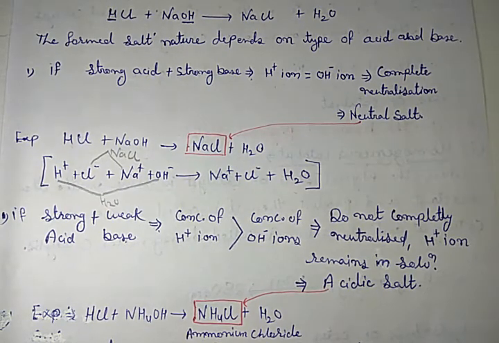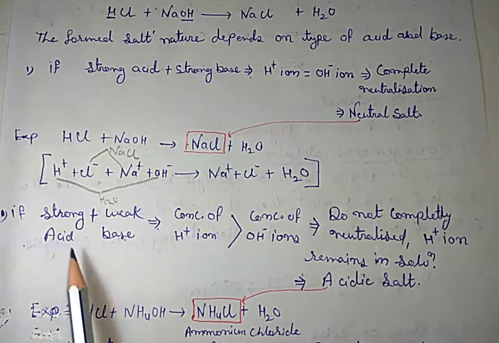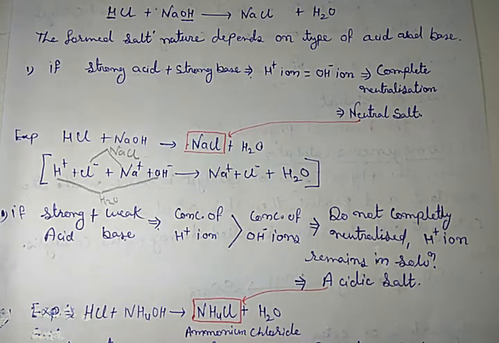Now the second case we are discussing is a strong acid and a weak base. If we take 1 mole of strong acid and 1 mole of weak base, then the strong acid completely ionizes and gives maximum H+ ions, while the weak base will not completely ionize and gives fewer OH- ions as compared to the strong acid.